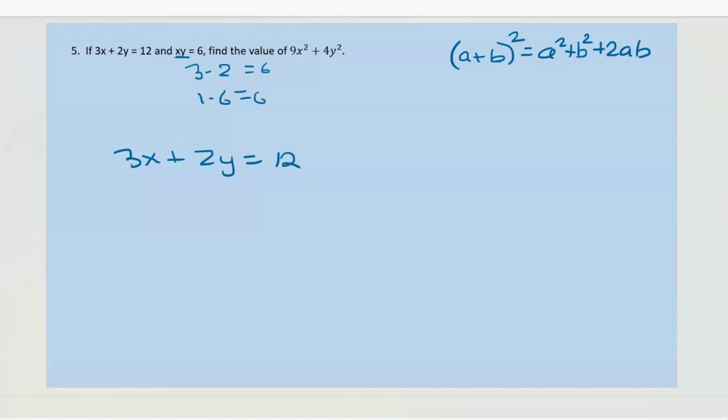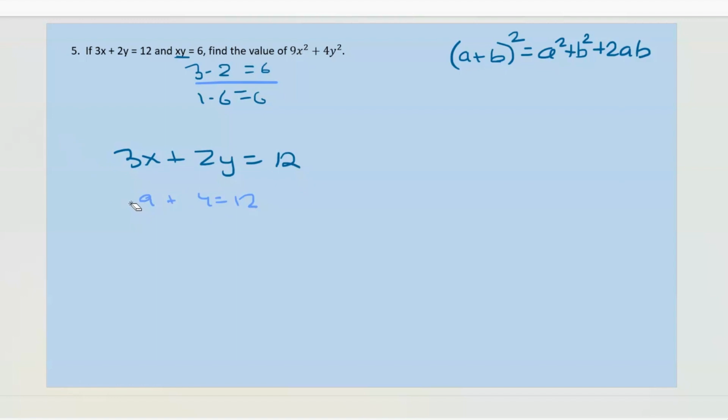If we used 3 times 2 equals 6 first, we're going to say 3 is x and 2 is y. So 3 times 3 would be 9, plus 2 times 2 would be 4, equals 12. Is that true?